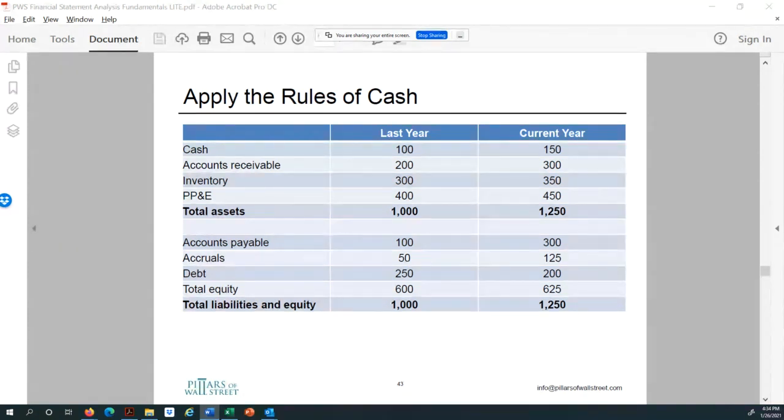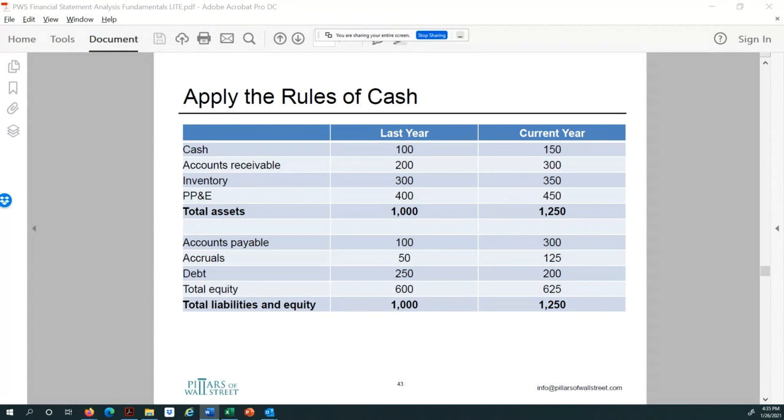Now, we said an asset has an inverse relationship to cash. So what's the cash impact of accounts receivable? If there's an inverse relationship to cash, how do we figure out the cash impact of an asset? Is it last year minus this year's balance or this year minus last year?